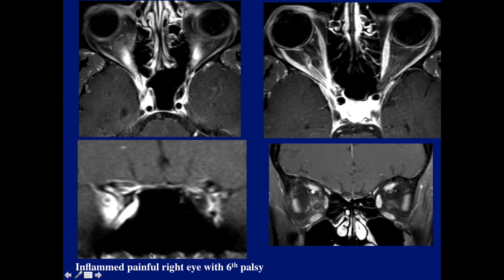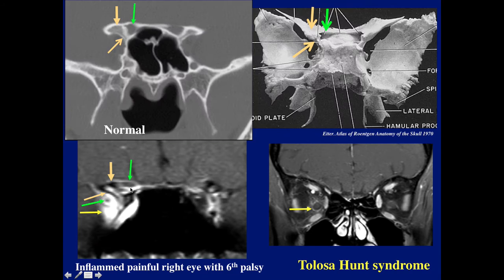And again, here's a patient who had an inflamed painful right eye with a sixth nerve palsy. That would make it a Tolosa-Hunt syndrome. And again, notice the abnormal enhancement here in the region of the superior fissure, orbital apex. Also notice there's a little bit of enhancement around the optic nerve here.